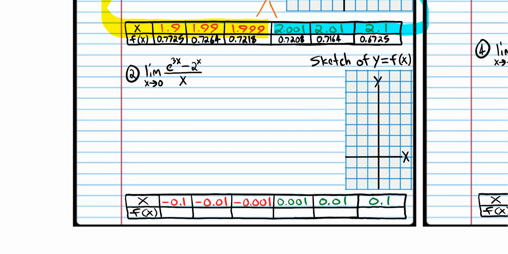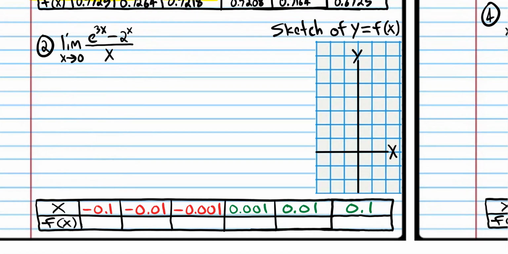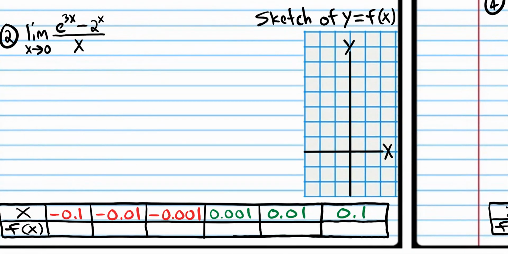Okay, so now we're going to press the window button at the upper left. This is one of the buttons under the screen, the window button. And you see that I have your window right here. So you're going to enter -3, use the negative button at the bottom right, and then 2 for x max, and then for y minimum it's going to be -3, and for y max we'll just say 7.